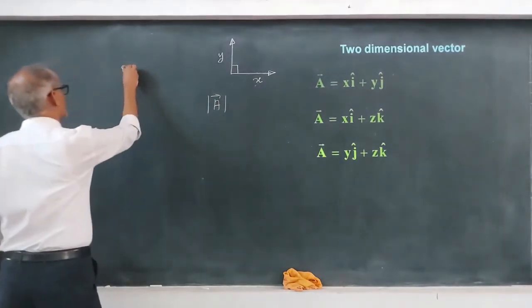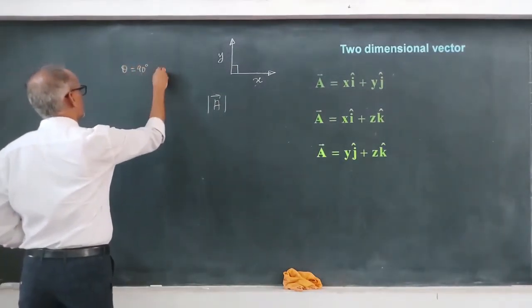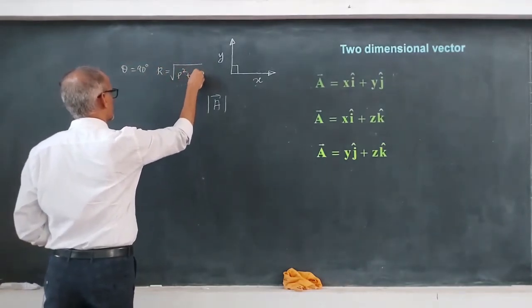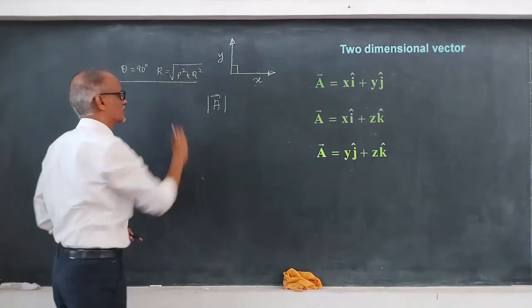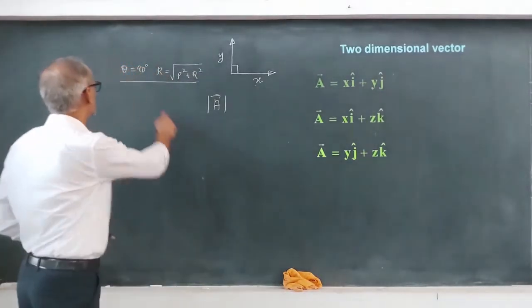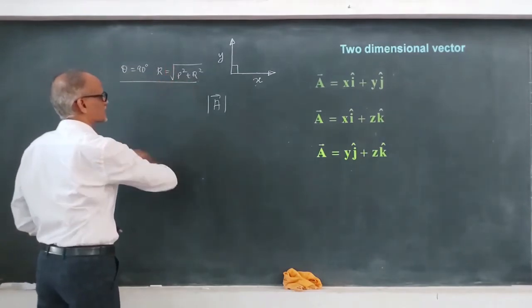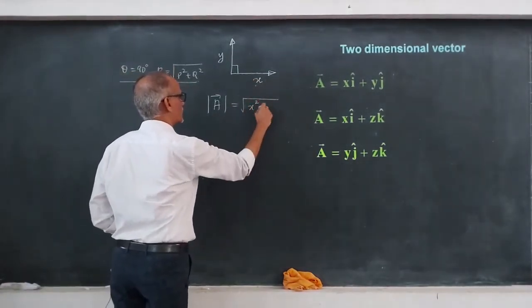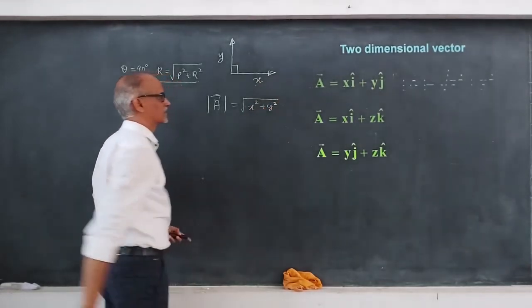So recall, when theta is 90 degrees, what is the resultant? Root of p square plus q square. Hope you remember the special cases that we discussed in the addition of vectors. When theta is 90 degrees, r is root of p square plus q square. Therefore here the magnitude is root of x square plus y square.